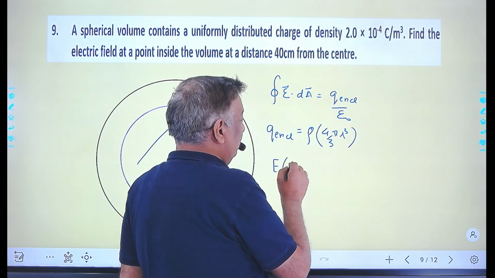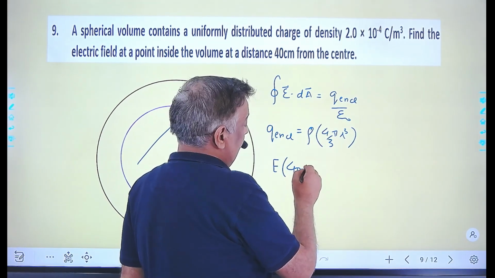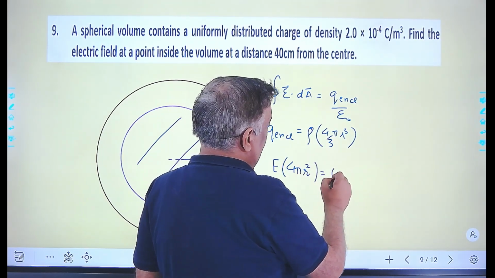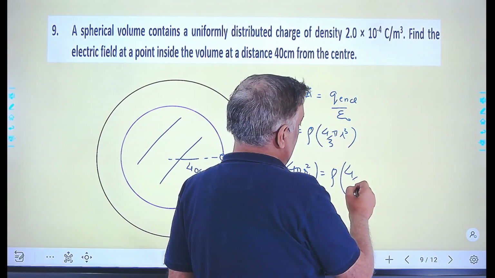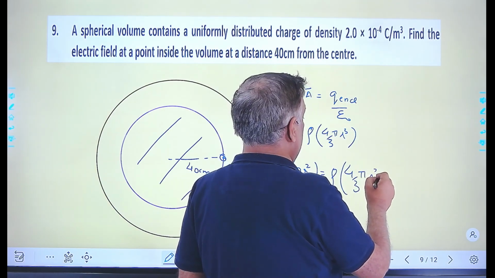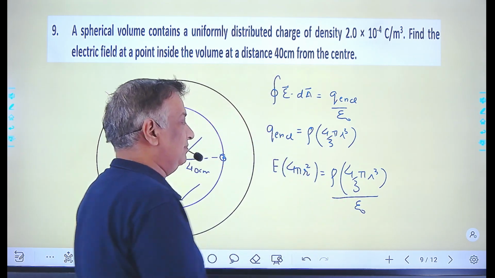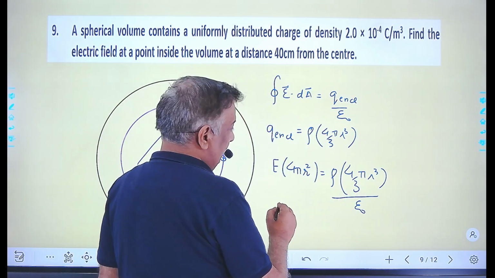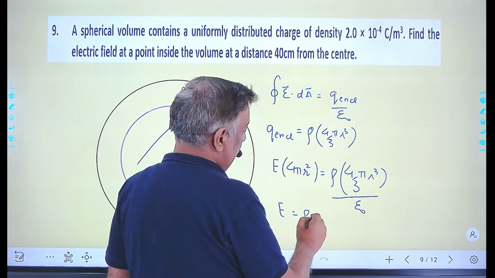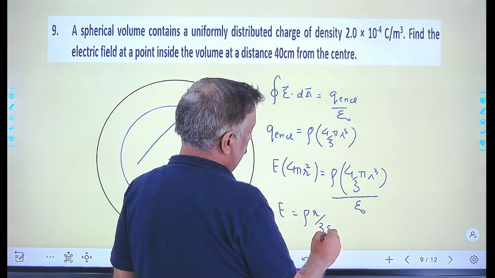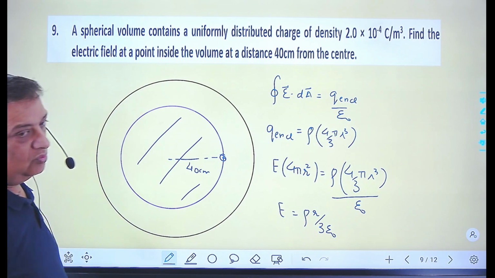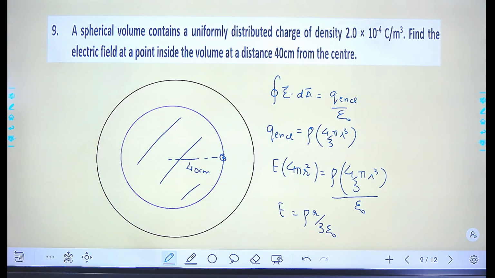Then area of Gaussian surface is 4 pi r square, so EdA is equals to q by epsilon naught. 4 pi cancel. E comes out to be rho r upon 3 epsilon naught.